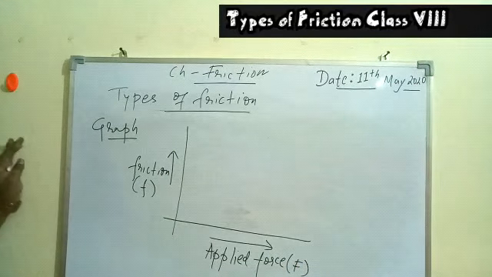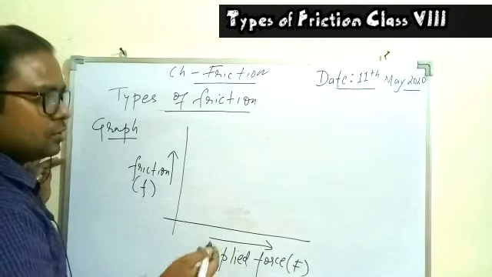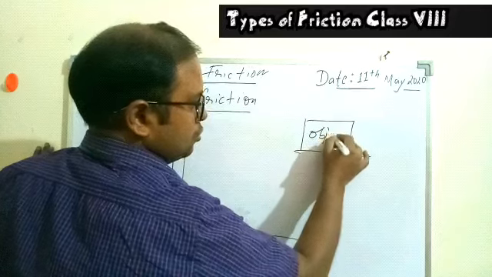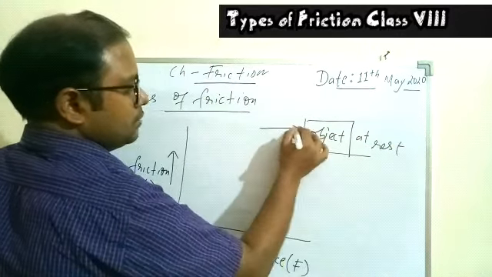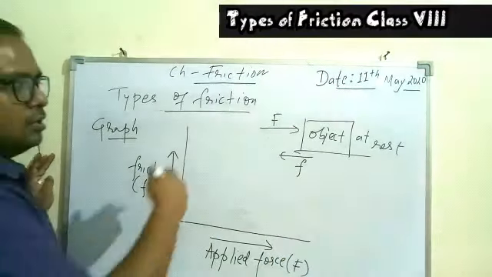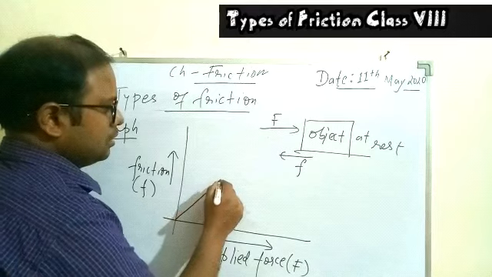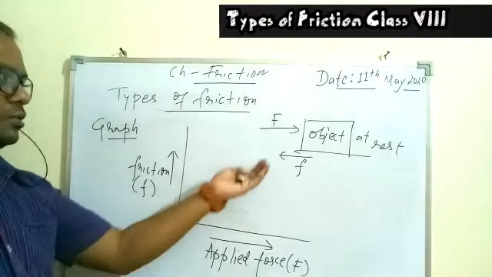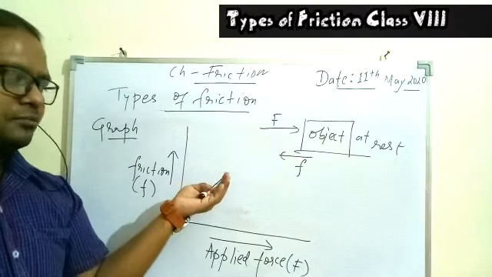You should know, if you first increase the applied force, we are talking about an object at rest. Very first we apply the force F, and friction will start acting in the opposite direction. When you start applying the force, with the increase in force, the static friction also increases. The more the applied force, the more the static friction. The more force you apply, the more will be the backward force.